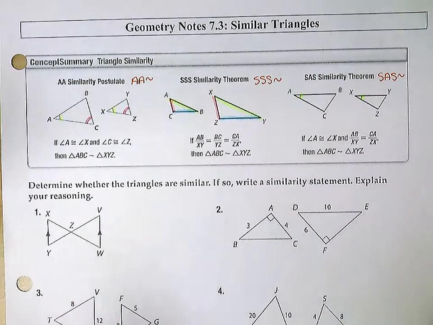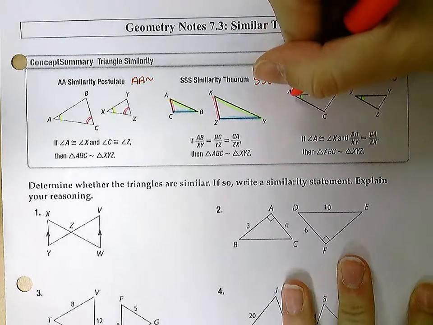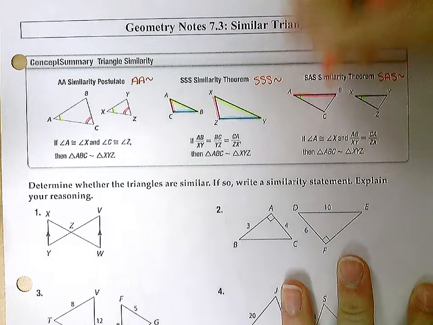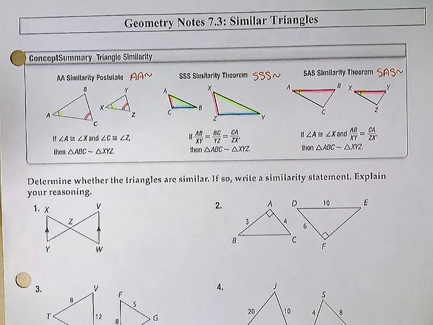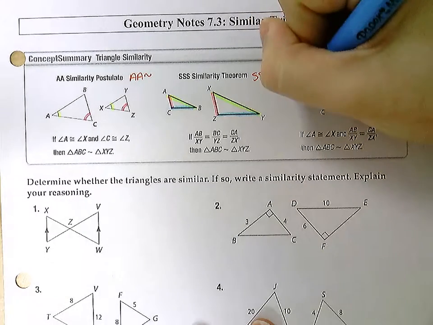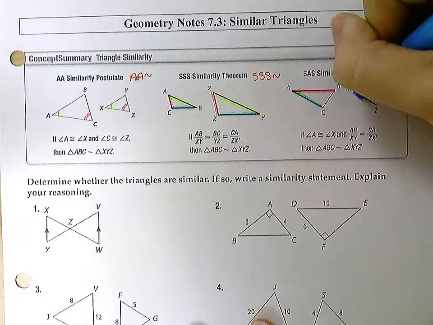congruent to angle X. That means my ratio of sides that I need to be similar would have to be AB and its corresponding side XY, so I could make a ratio of those sides. And then I would need AC and XZ.